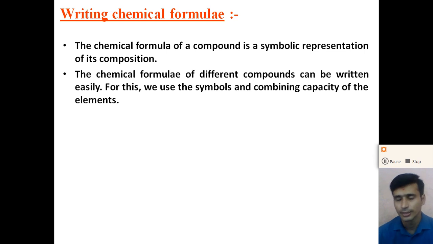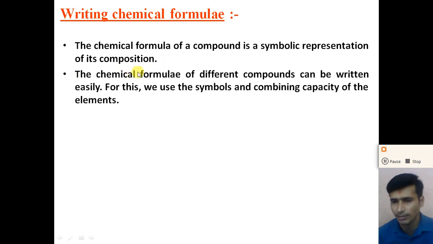We discussed the symbols of the different atoms in the previous video. So dear student, if you have not seen the previous video, see it first for the different symbols of the atoms. The symbolic representation of the compound is the symbolic representation of its composition, which atoms the compound consists of, and that is called the chemical formula, right?